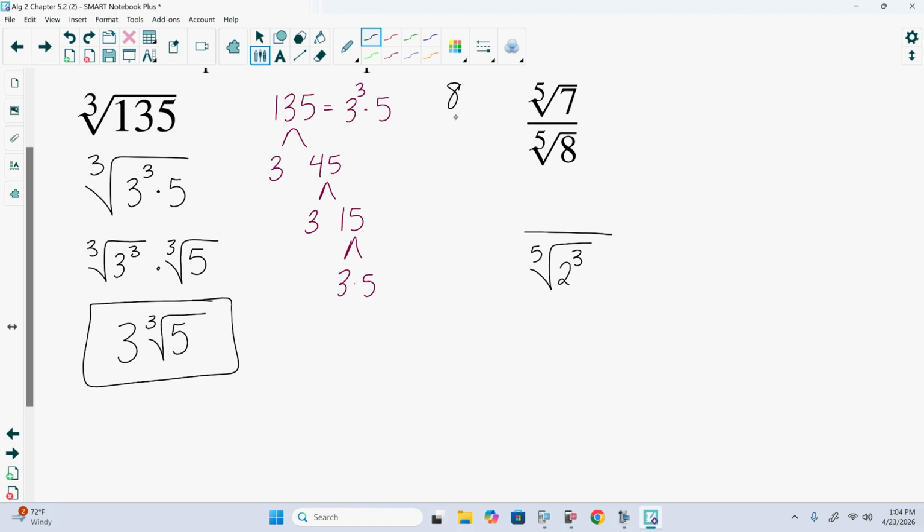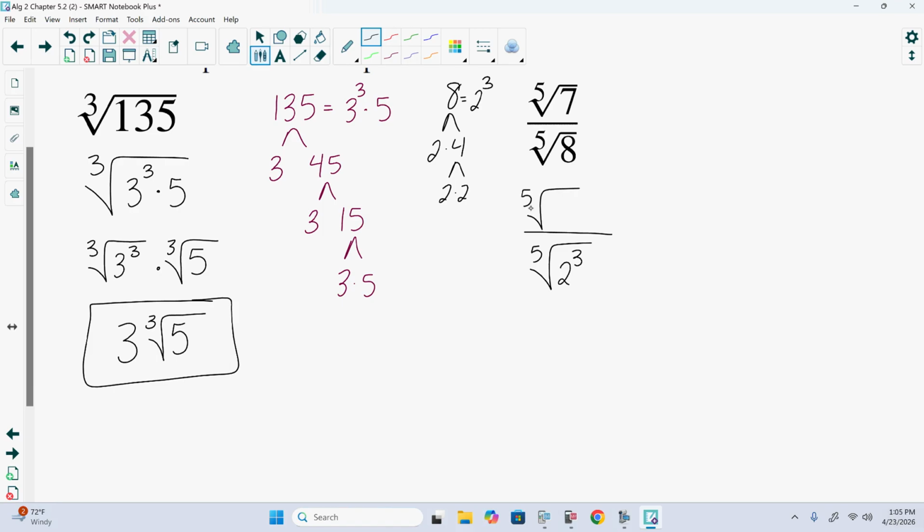Because 8 as a factor tree would be 2 times 4, and 4 is 2 times 2. So we could have tried to rewrite it as 8 to the 5th, but that would actually have been 2 to the 15th power. We'd be way too big, which means those multiple factors would come back out and simplify back out.